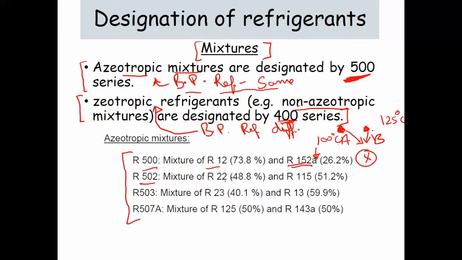There are hundreds of azeotropic mixtures you can make. You can make your own azeotropic mixture by changing the percentage of the refrigerants as per your requirement. It will give different properties as per the application. If you need to use it for a certain application, the properties of all these azeotropic mixtures are available. You can choose accordingly.